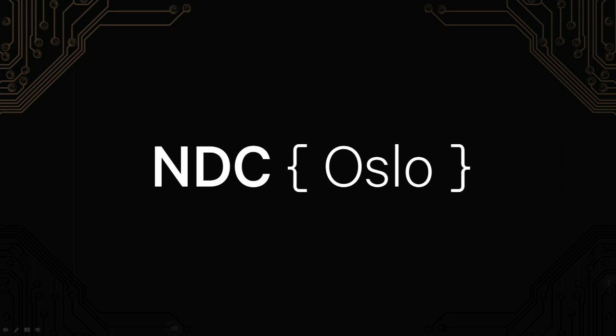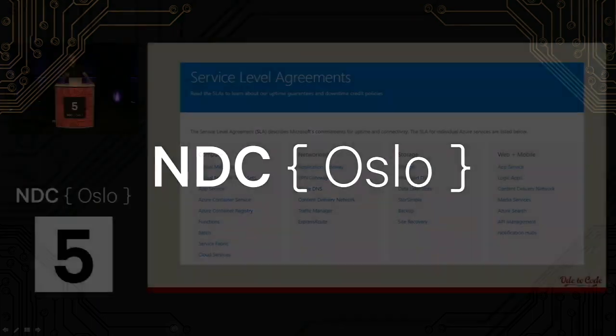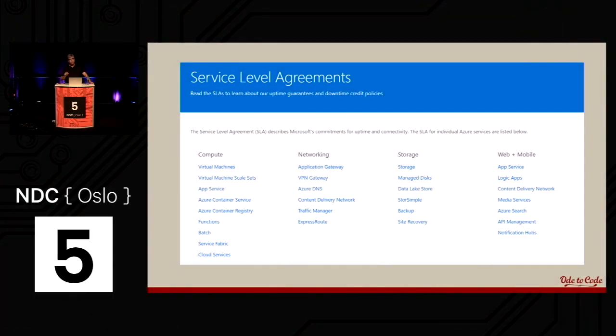And so if you're using, let's say, a virtual machine and an Azure SQL database, if you're really planning for high availability, it's important to go into this page and look at the service level agreement and, let's say, click on virtual machines. And in the opening paragraph of that service level agreement, Microsoft will give you two pieces of information. First of all, what is the guaranteed uptime, like 99.9% or 99.95%, and also the conditions under which they will guarantee that uptime.